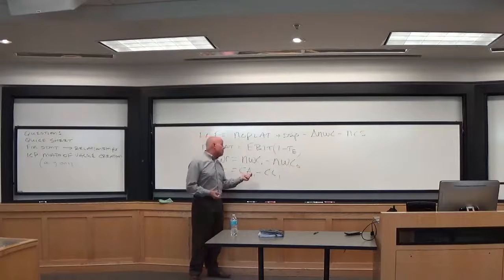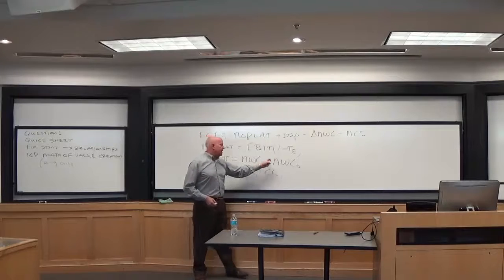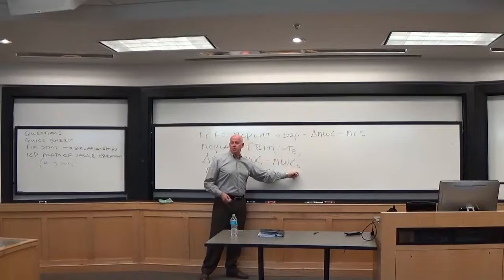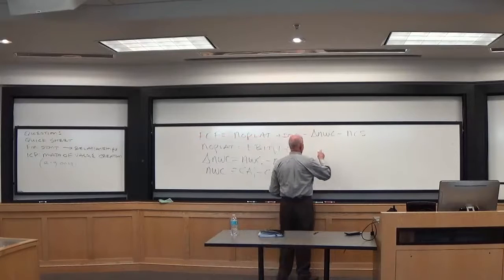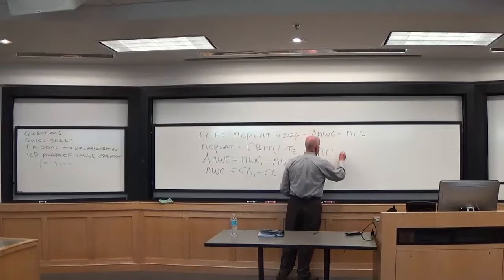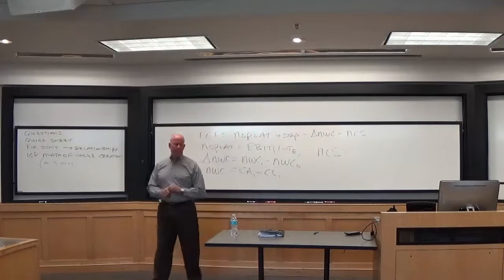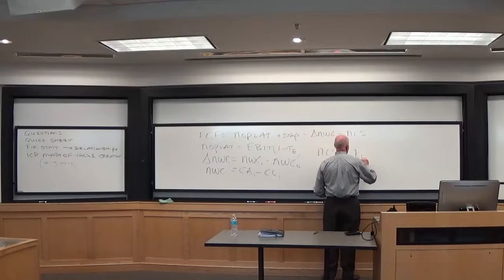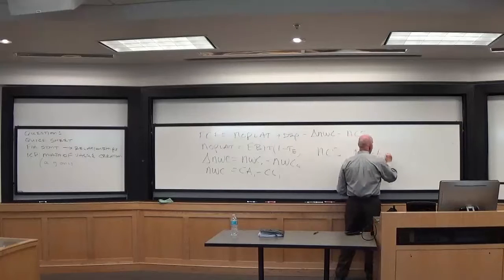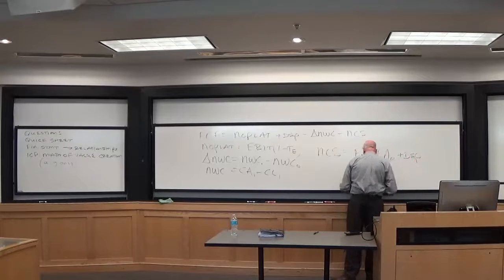Okay, more often, the notation I use would be like 2015, 2014, to be yet more specific. Okay, what about net capital spending? Fixed assets at time 1, minus fixed assets at time 0, plus depreciation from 1.